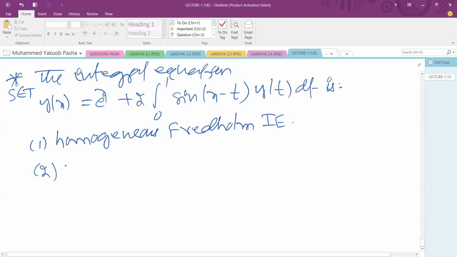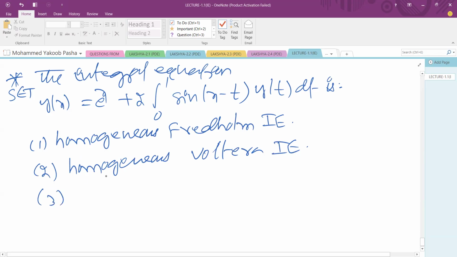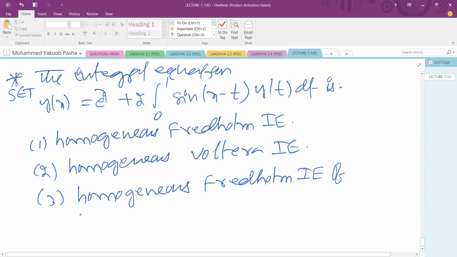The second one is homogeneous Volterra integral equation. The third one is homogeneous Fredholm integral equation of second kind.